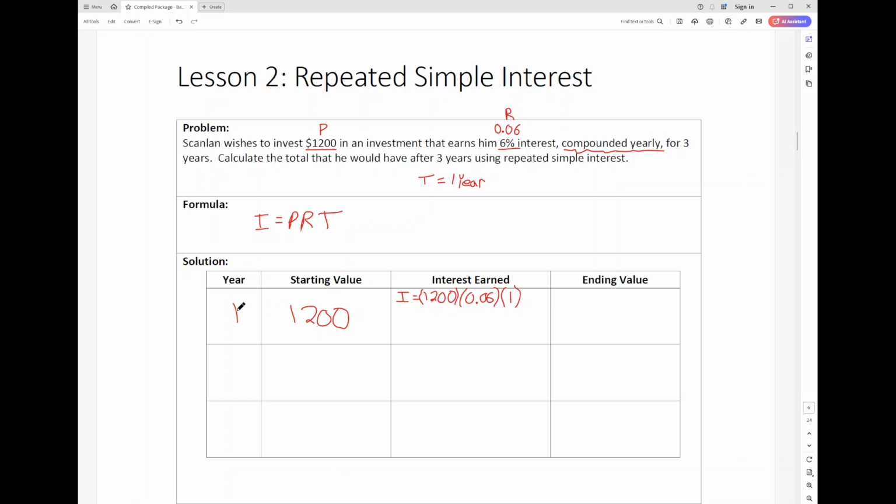And that will tell me my interest earned in year one, right? So when I do that math, I end up with $72. Okay, so my ending value is going to be my starting value plus my interest earned, which would just be $1,272. Makes sense.